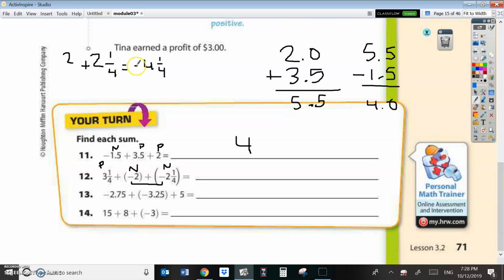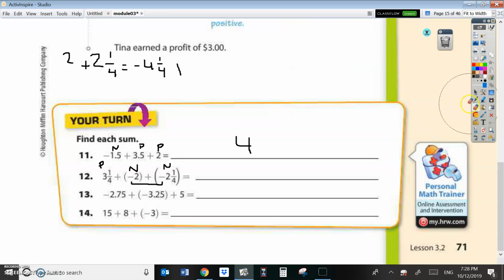Remember, that's negative. So plus, let me clean off some space here. Four 1/4 minus 3 1/4.